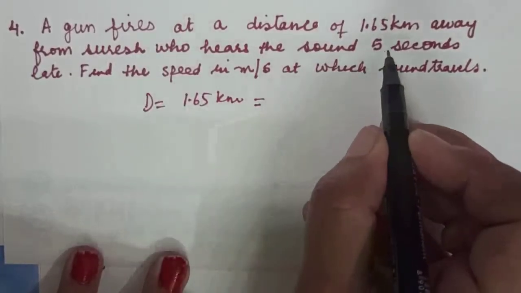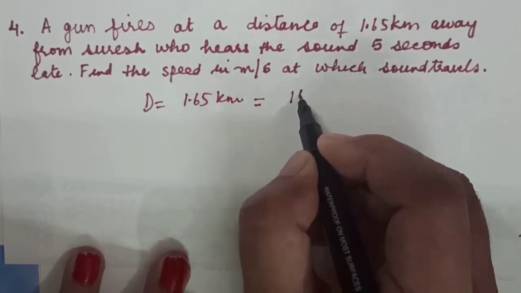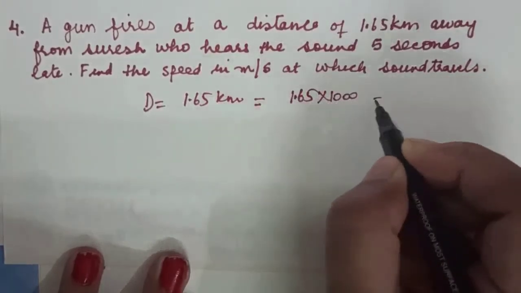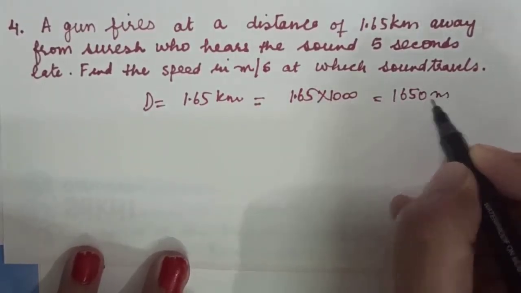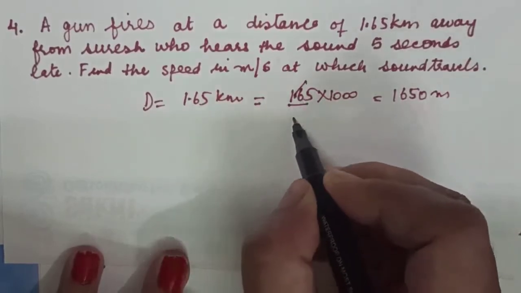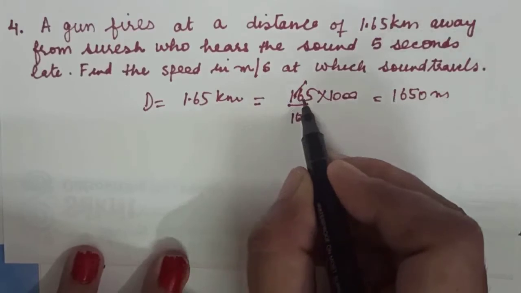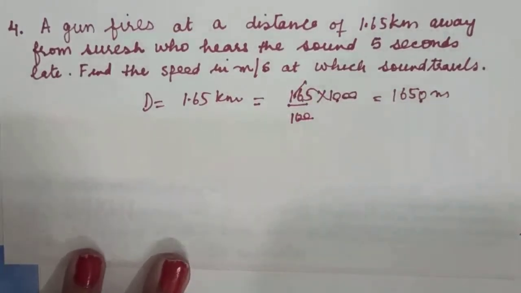Because time is already given in seconds. So we do 1.65 into 1000, so it is 1650 meter, because when we remove the decimal upon 100, two zeros are cancelled, so we are left with 165 and a 10 left with it, so 1650 meter.